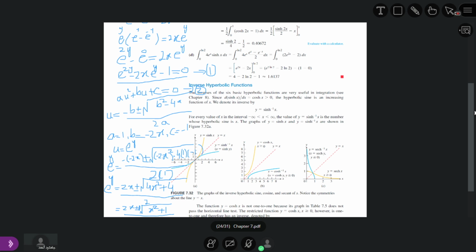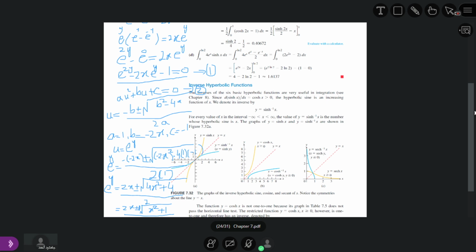Now we put the definition of sine hyperbolic y. What is sine hyperbolic y? It is equal to e power y minus e power minus y divided by 2, equal to x. After that, we shift 2 to the other side. Then we get e power y minus e power minus y is equal to 2x.